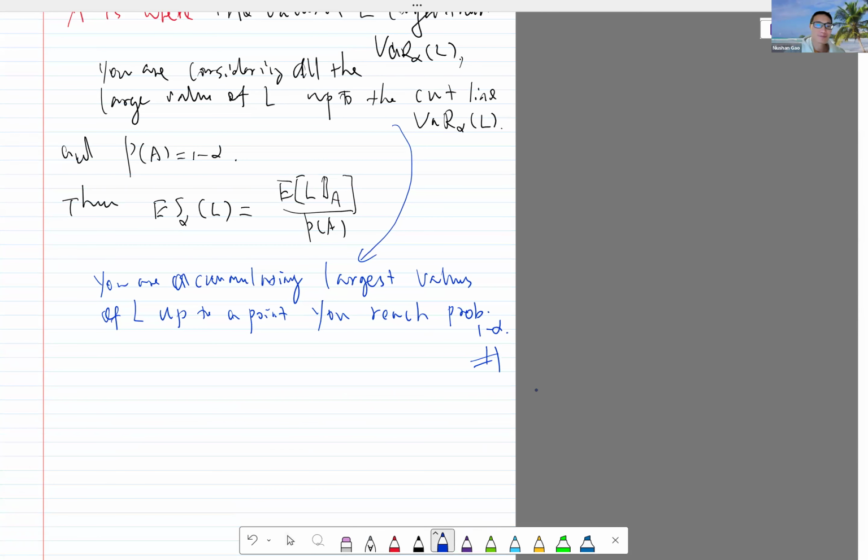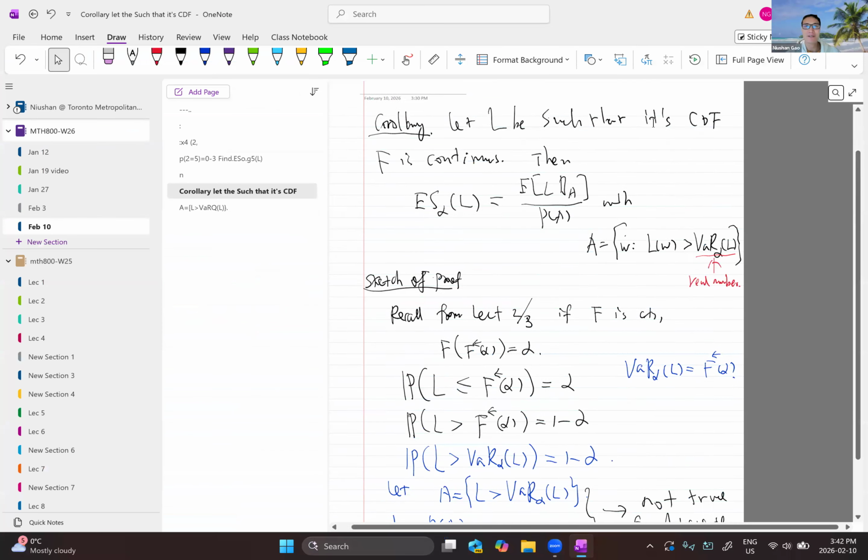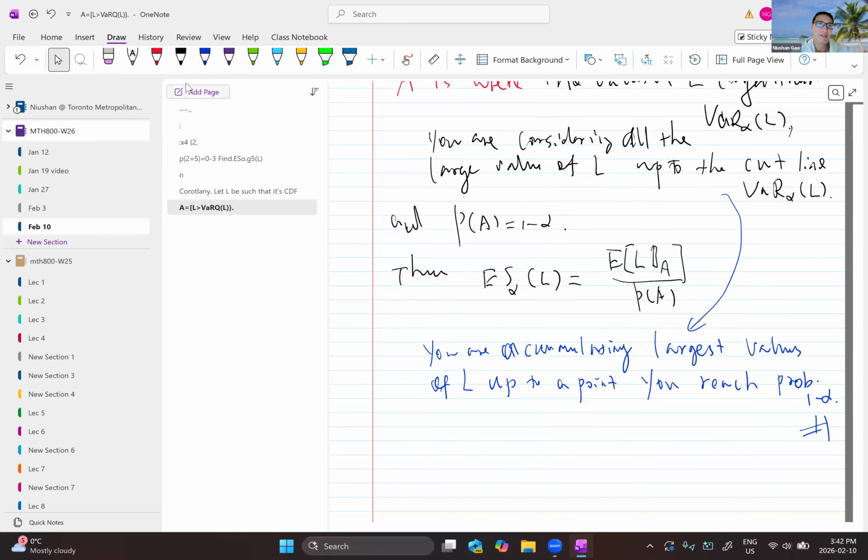So this is good. Why do I use this one? Because we will use this fact. This is just a transition fact. Why did I discuss this one? Because I need to prove another theorem, a further theorem which allows you to compute expected shortfall for continuous random variables.